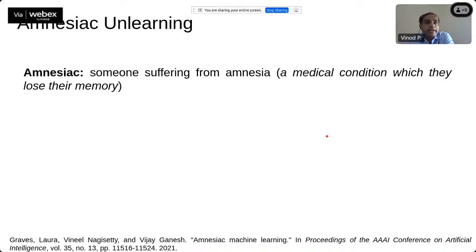Let us try to discuss another concept of unlearning, which comes from the approximate unlearning domain. This work appeared in the top artificial intelligence conference AAAI, and the title of the paper is Amnesiac Machine Unlearning.